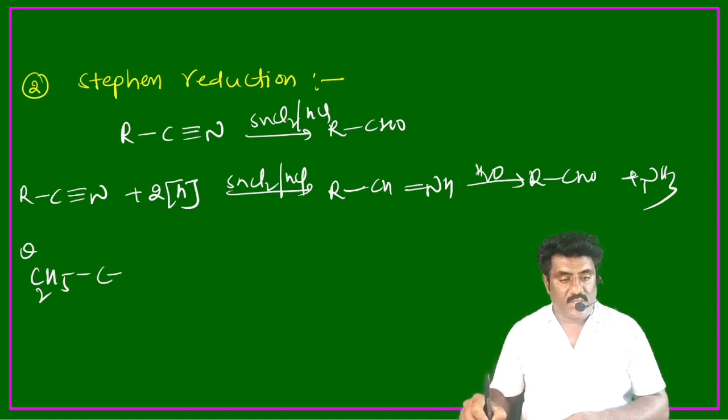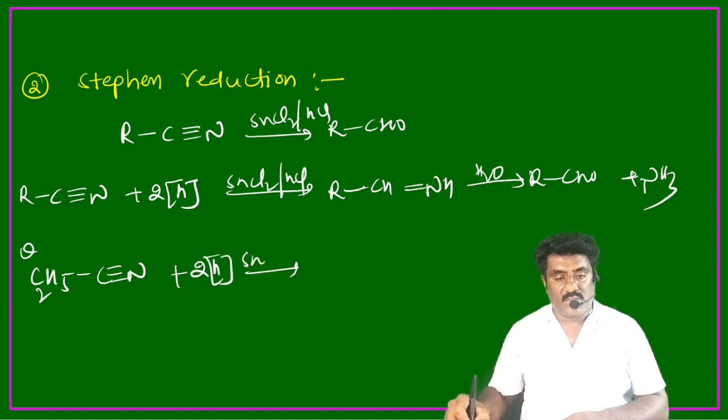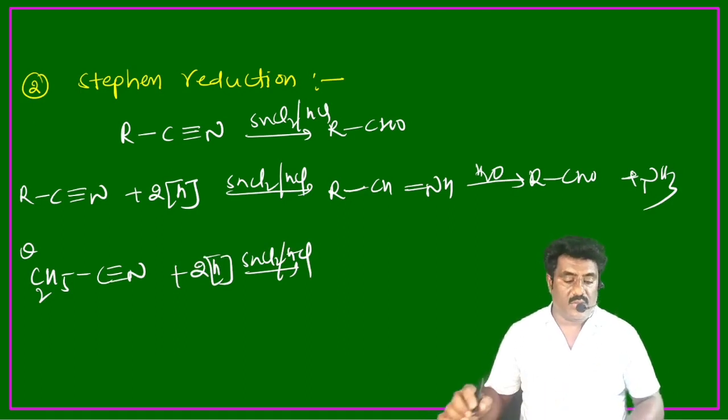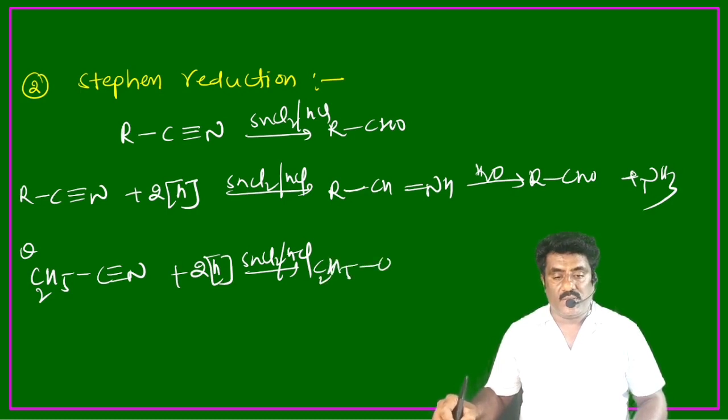For example, have a look at C2H5 C triple bond N, reduction with Stephen reduction, SnCl2 plus HCl. What is the product? It gives an imine, C2H5 CH double bond NH.